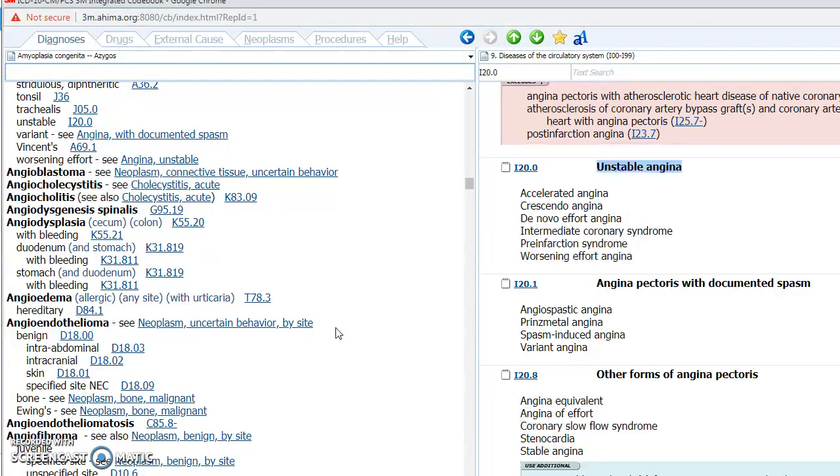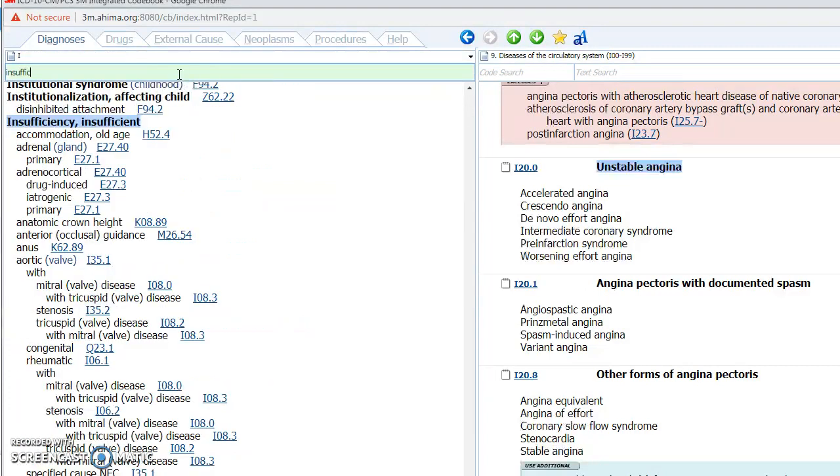So the aortic valve, whenever that is insufficiency, we never assume for it to be rheumatic. Same thing, aortic valve stenosis. We do not assume it's rheumatic. So even if I put in insufficiency in the code book, and I have aortic valve, you can see here, your I35 codes are non-rheumatic.